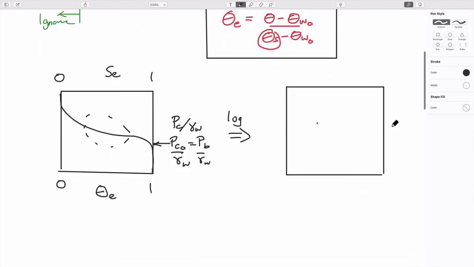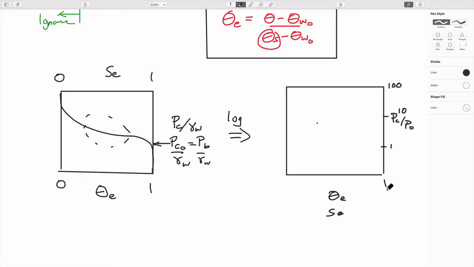And so this is capillary pressure over PC0. So if we do that, then if this is equal to 1 and 10 and 100, and if this is equal to volumetric moisture content or saturation, they should scale the same way, I guess.